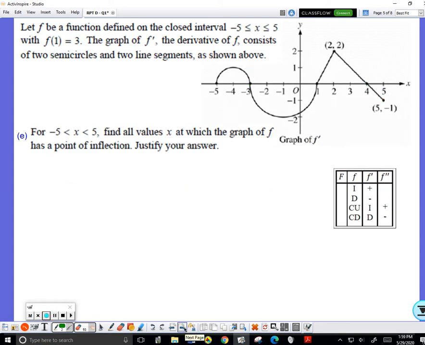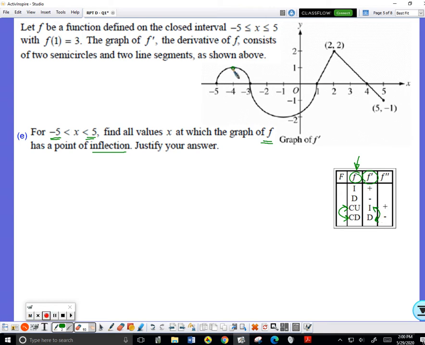So it's for the same time interval. Find all values of x at which the graph of f has a point of inflection. So when f changes concavity, that's when f has a point of inflection. So we're looking for when f prime changes from increasing to decreasing or vice versa.